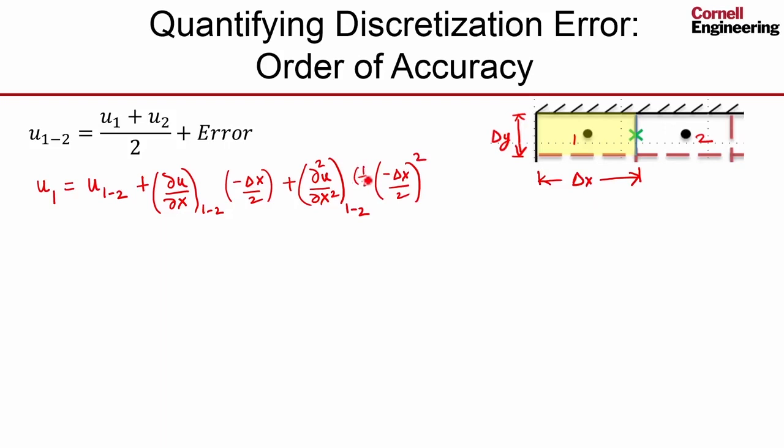So I have a half here from the Taylor series expansion, plus higher order terms, so you'll get a delta x cubed term and so on. So I'm not going to write the higher order terms. Similarly, I can write an expansion of this value in terms of the value here. Let me write that out.